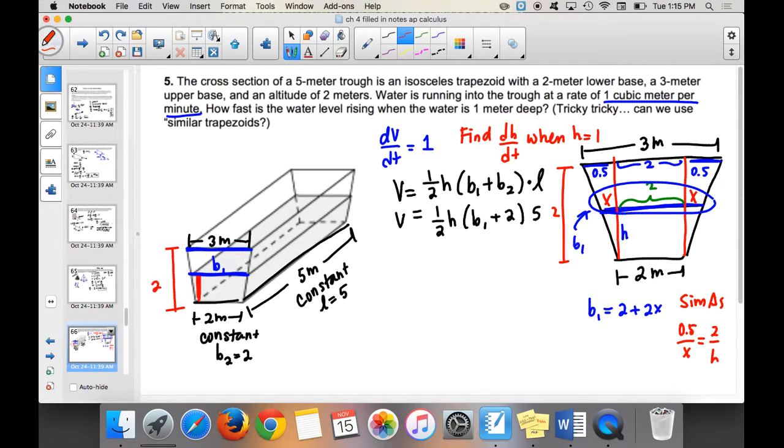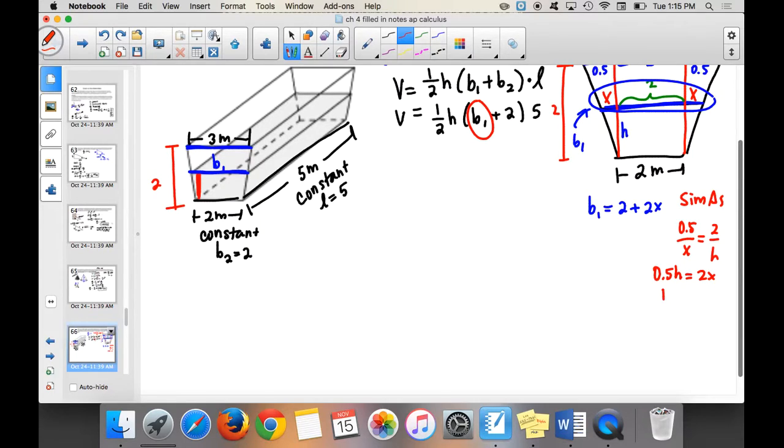So we're going to try to get everything in terms of h. We're going to try to take this b1 and write it in terms of h. So let's start with our similar triangles. 0.5h is equal to 2x. So h is the same as 2 divided by 0.5, so 4x.